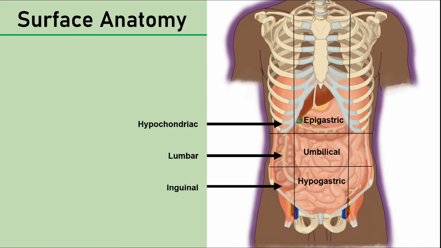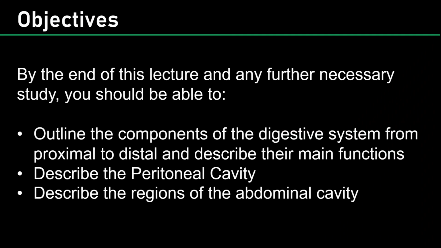So we have covered a lot in this lecture, but we have also covered your learning objectives, and I'll go back to that so we can see them. You should now have more of an understanding of the components of the digestive system, going in a proximal to distal range.